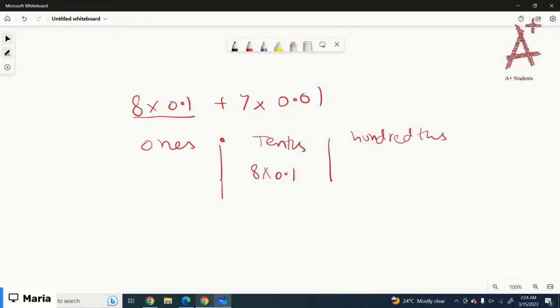Then you have 7 times 0.01. That tells you it would be the second position right after the decimal. So it is 0.87. Got it? The correct option is 0.87.